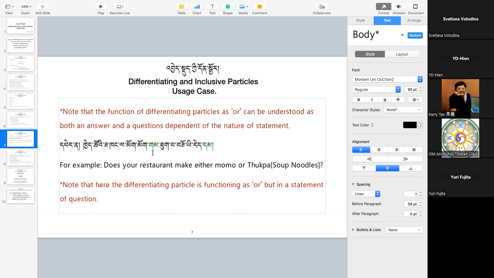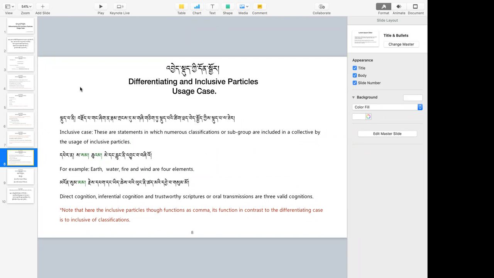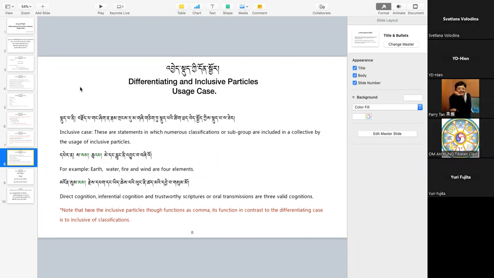Okay, so now we have the second direct usage case, that is of the differentiating and inclusive particle usage case as the inclusive case now. Duba ni, duba, which is duba. We already discussed cheba, which has two particular usages.